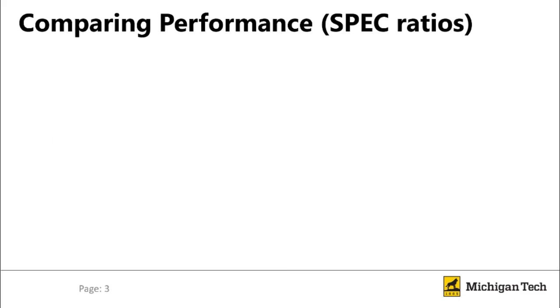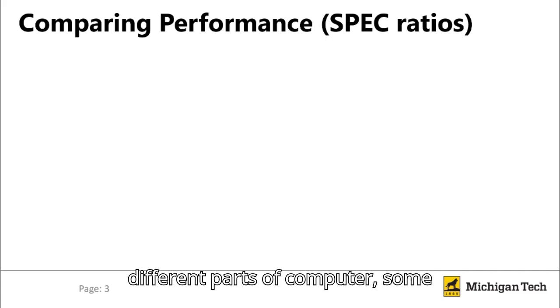So last class we talked about a spec ratio. SPEC is an organization, the Standard Performance Evaluation Corporation. And this company makes different software for different parts of a computer.